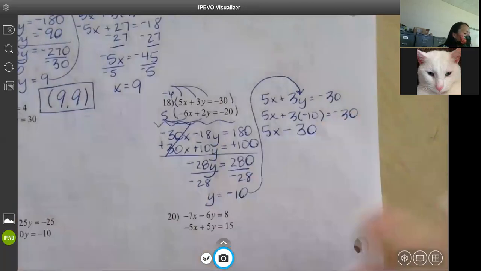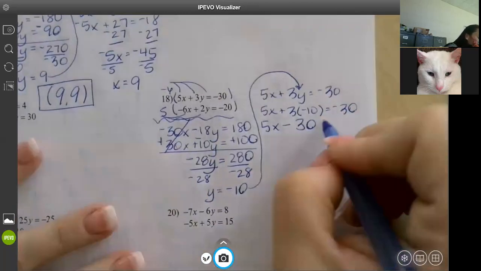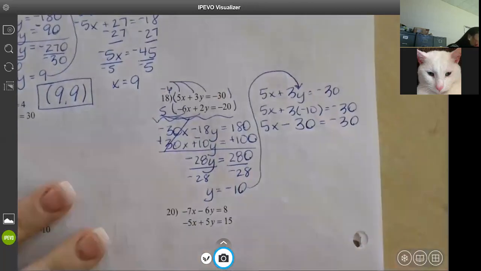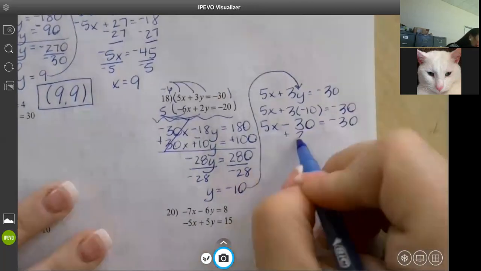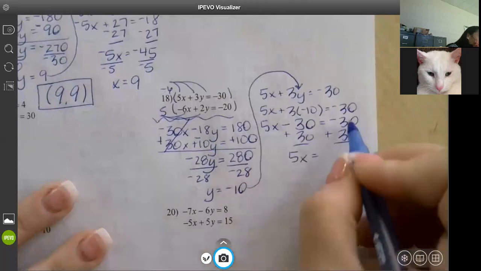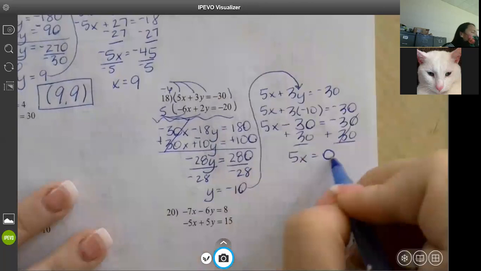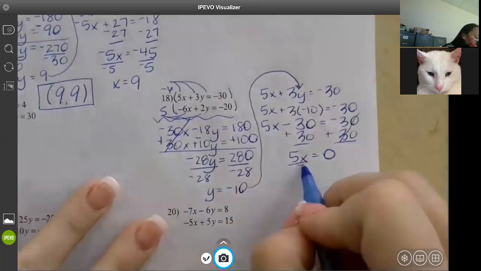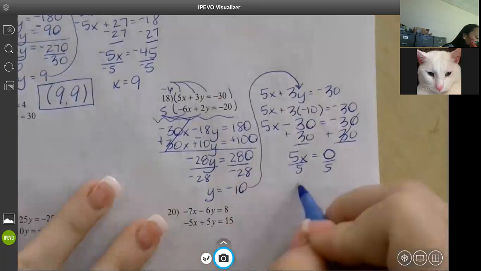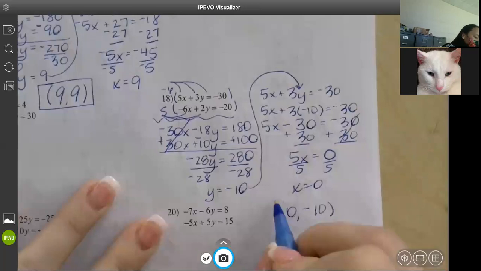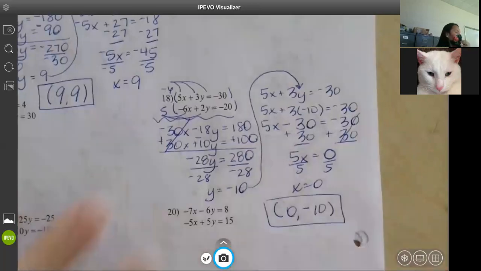You can do plus negative or you can do minus 30, equals negative 30. We're going to add 30 to the other side. And remember that when it cancels out, it gives you 0. So don't freak out when you get it to cancel out. Keep it going. Divide by 5, and you get x is 0. So your final answer is 0, negative 10, the x, y coordinate.